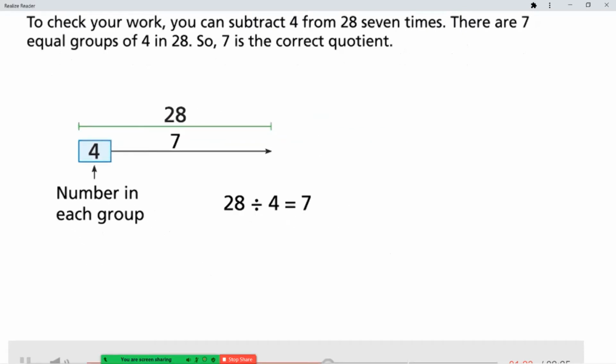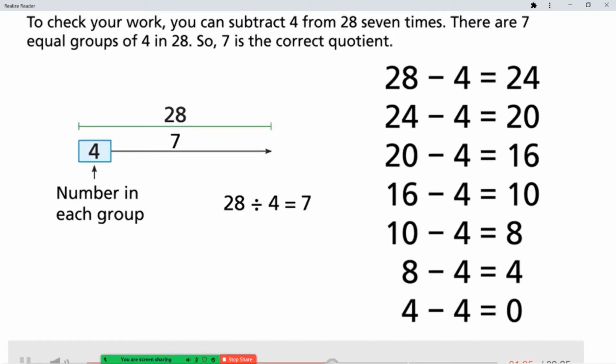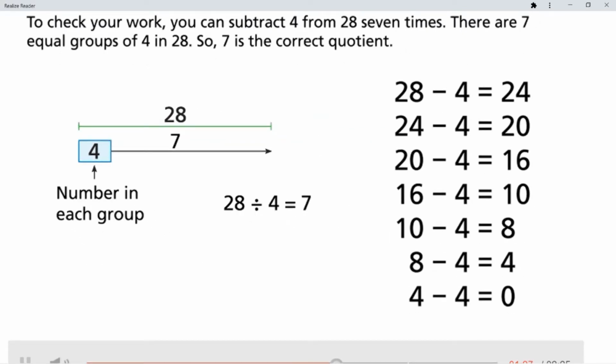To check your work, you can subtract 4 from 28 7 times. There are 7 equal groups of 4 in 28, so 7 is the correct quotient.